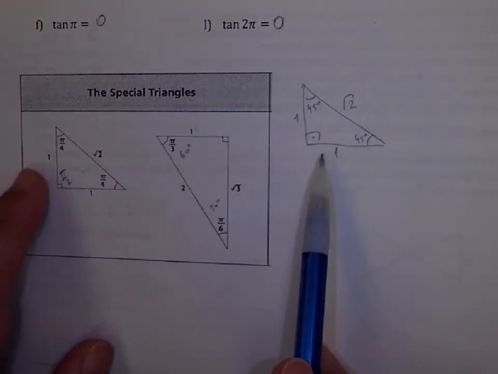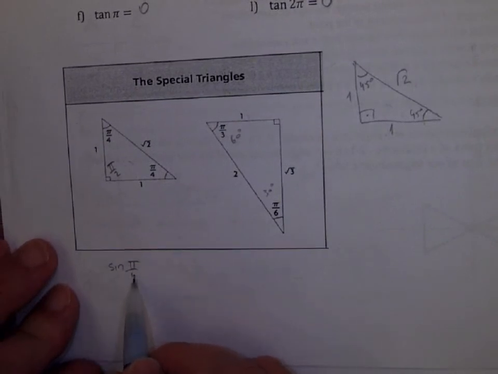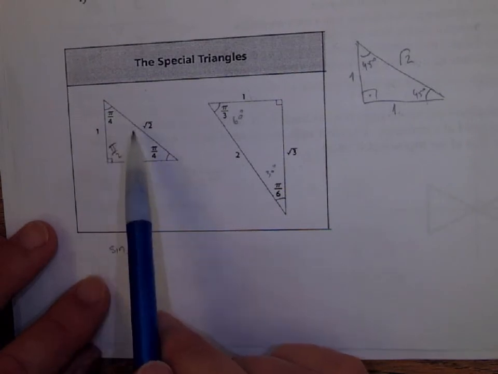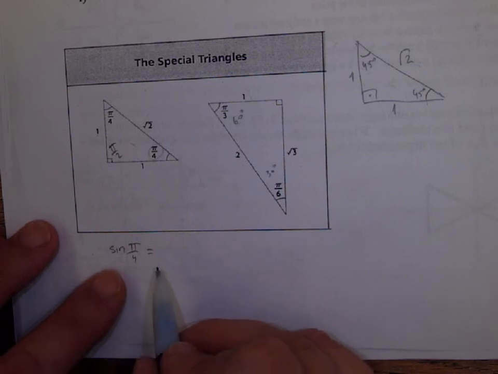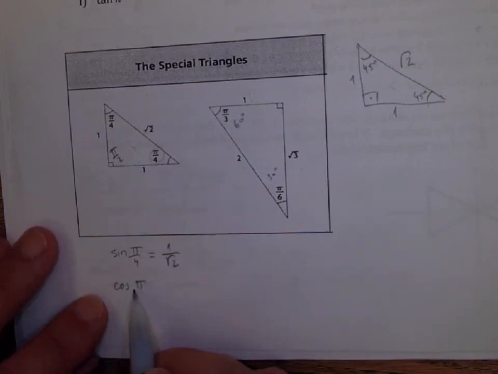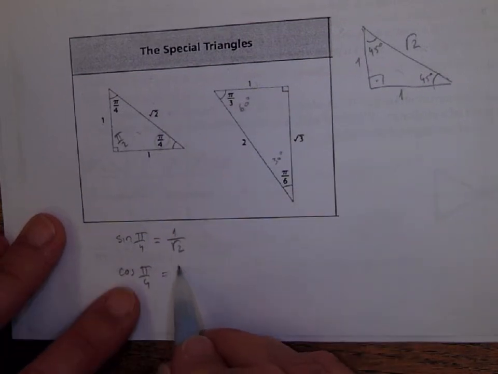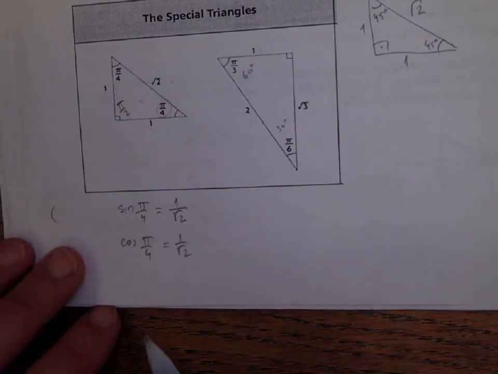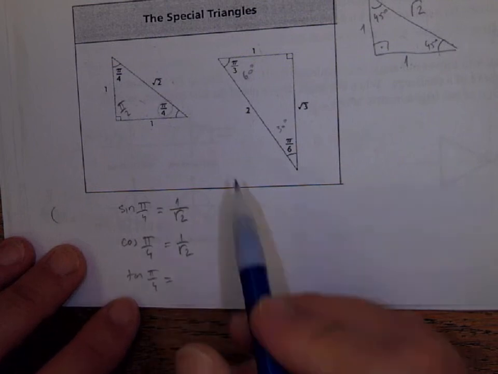So if we want to write sine pi over 4, let's say we are working with this angle, opposite over hypotenuse, 1 over root 2. Cosine pi over 4, adjacent over hypotenuse, again 1 over root 2, or if you rationalize the denominator you get root 2 over 2. So tangent pi over 4, opposite over adjacent, which is 1.